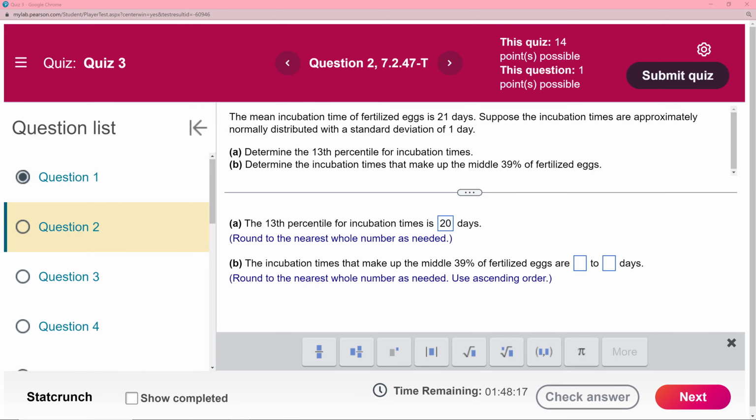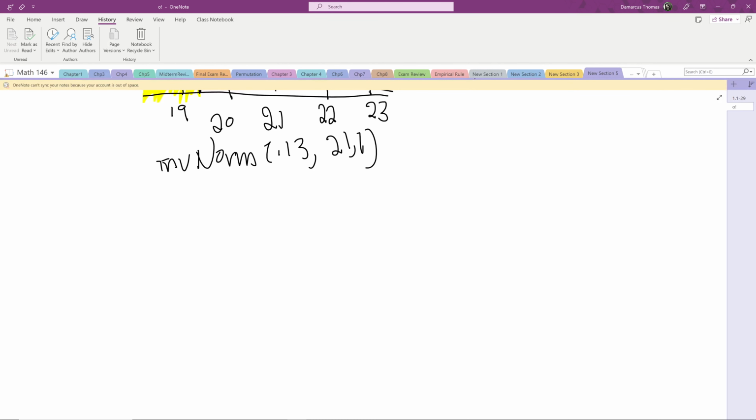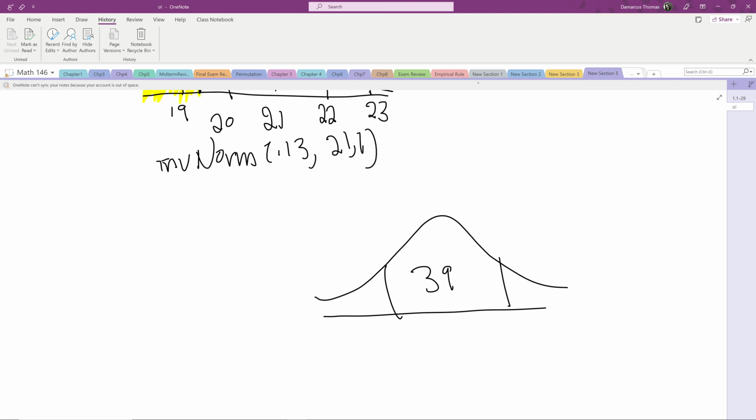Now they're talking about the inner 39%. All right, a graph would help. So the inner 39% is this, which basically means the 2 tails will make up the rest of the 100%.